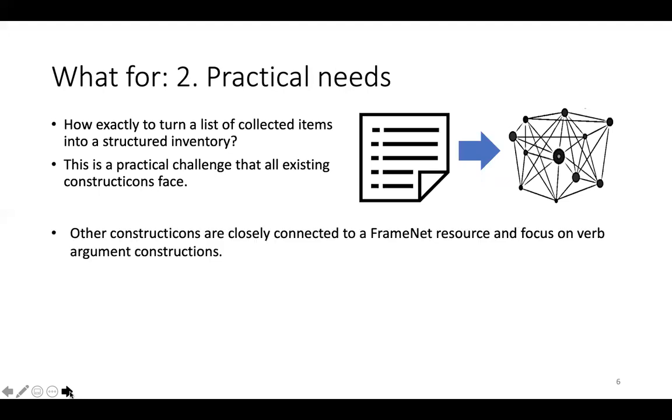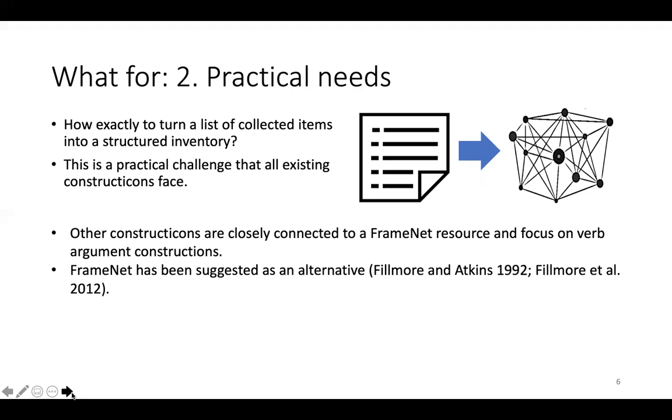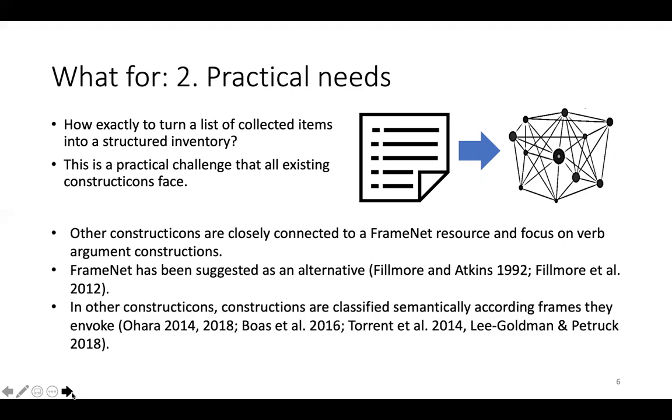Well, the thing is that other constructicons are closely connected to corresponding FrameNet resources that primarily focus on verb argument constructions, which is a type of construction centered around specific verbs and their arguments. In these resources, constructions are classified in terms of frame semantics. Each construction evokes a certain frame, and its constituents correspond to the semantic components of this frame.